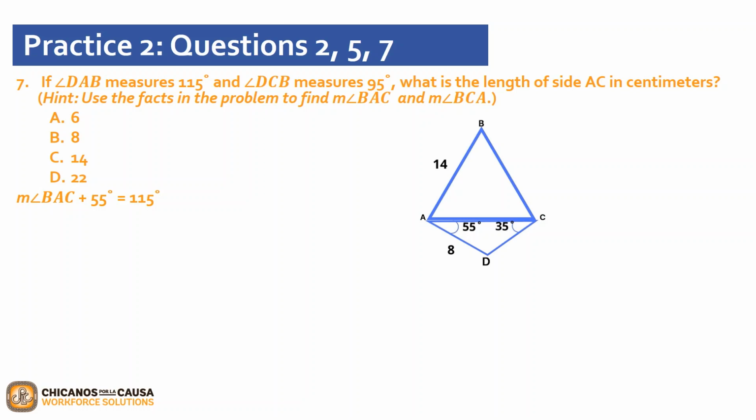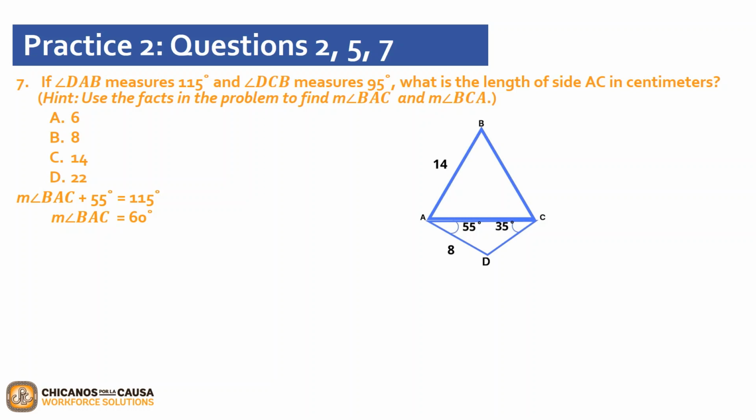So we're going to look for the measurement of angle BAC first. So that leaves us with 60 degrees. Remember, we have to eliminate the 55 degrees from the left side in order to look for the variable. In this case, it is the measurement of BAC. What we do on one side, we have to do on the other. So therefore, we found the measurement of BAC, which is 60 degrees.